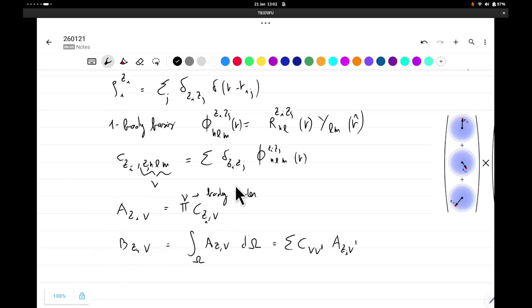And then this is not yet rotationally invariant. You have to take the integral over the spherical angles of this. This gives this B, and this is our final descriptor. So you don't have to do this integral. There are some tabulated coefficients called the Clebsch-Gordan coefficients that for this kind of basis function are completely known.